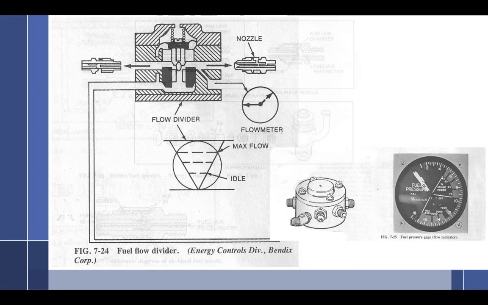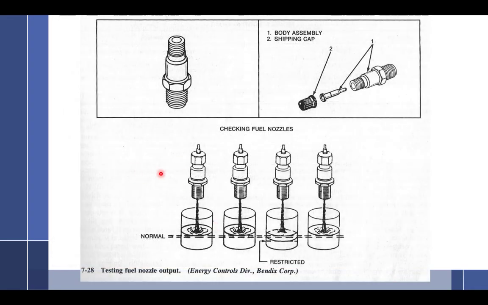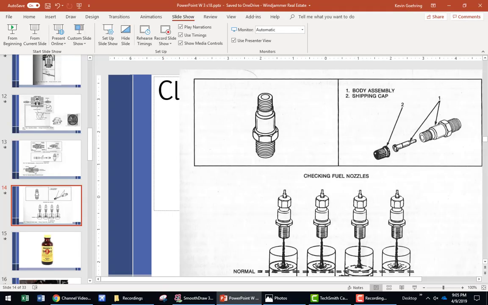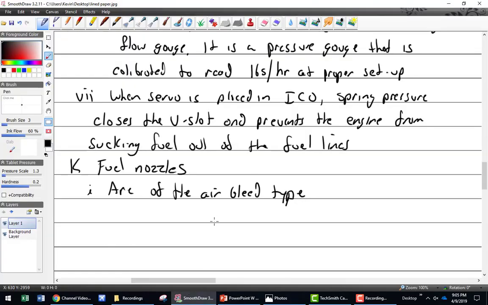All right, so that's what the nozzle looks like in the drawing stage. So what can we say about fuel nozzles now that we kind of understand them a little bit? Fuel nozzles are the air bleed type, meaning air is mixed with fuel at the nozzle.